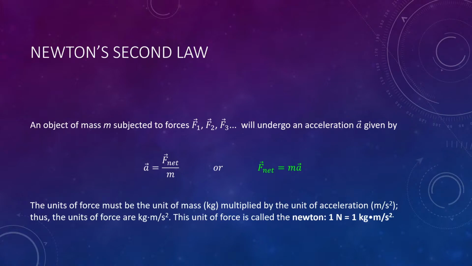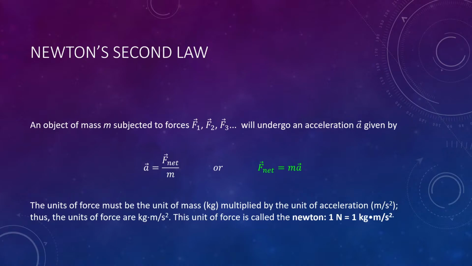Newton's second law is a mathematical equation. It states an object of mass m, subjected to forces, be it 1, 2, 3, and so on, will undergo an acceleration given by F net over m, where F net is the net or total force, and m is the mass.